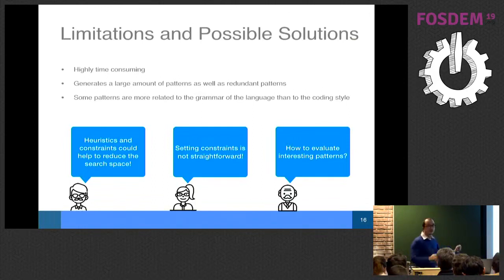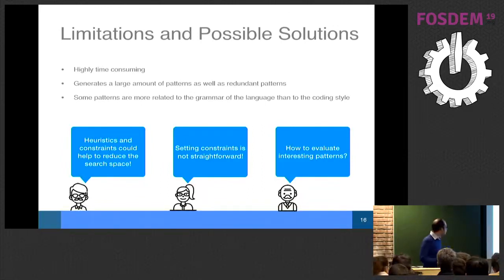And maybe after spending all this time, the results that you will have are not very useful. Another problem is that in some cases we are able to generate a really large amount of patterns as well as redundant patterns. Some patterns are more related to the grammar of the language and not about the use of the language.